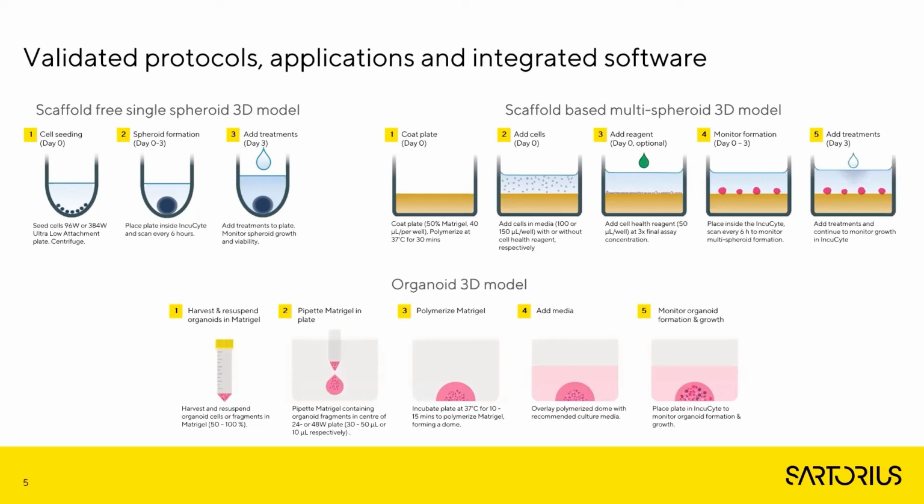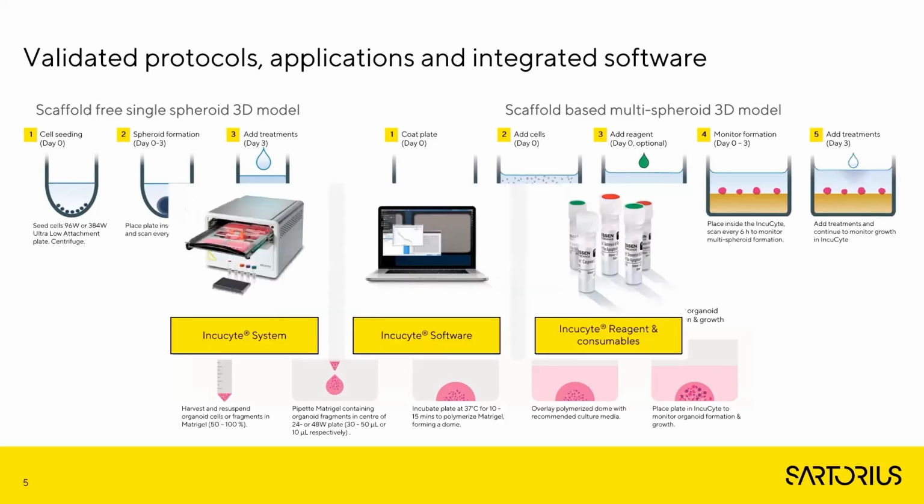Unlike the previous two models, this one describes structures which are distributed in different planes within the extracellular matrix. All of these protocols have been validated for use on the IncuCyte platform, and coupled with integrated software specially designed for these 3D cultures, allow for the continuous live cell monitoring and quantification of biological parameters that I will describe throughout the webinar.